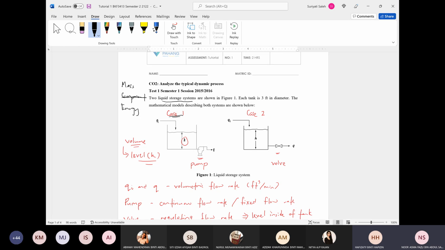What you need is only the mass balance. So if you have energy from the pump, we can neglect it. It's not considered, because here you don't have any temperature change. Let's say your inlet is hot, then we just let it cool down naturally. So you don't need to do the energy balance. The one that we are interested in is the overall mass balance because it will change your level.